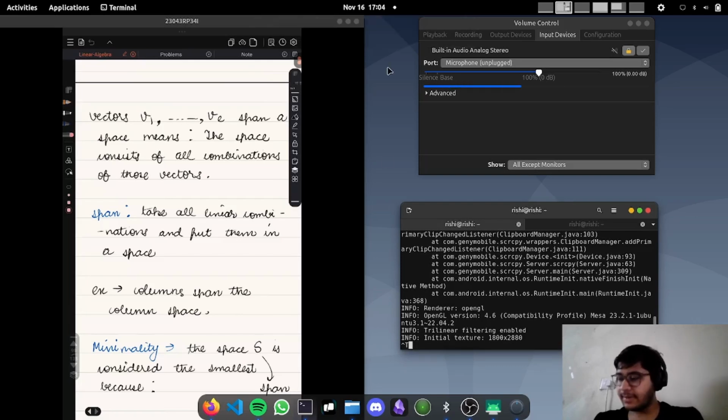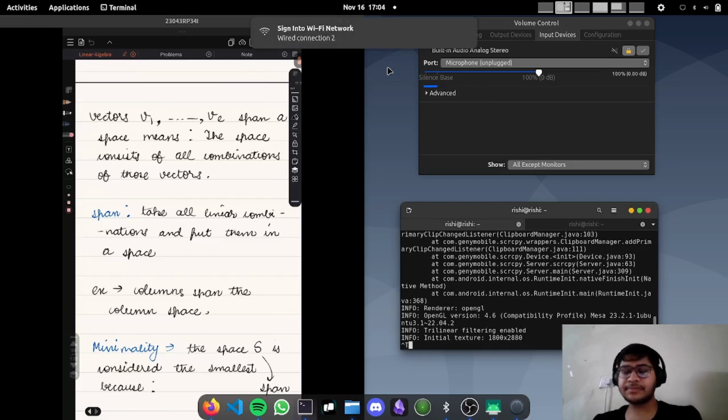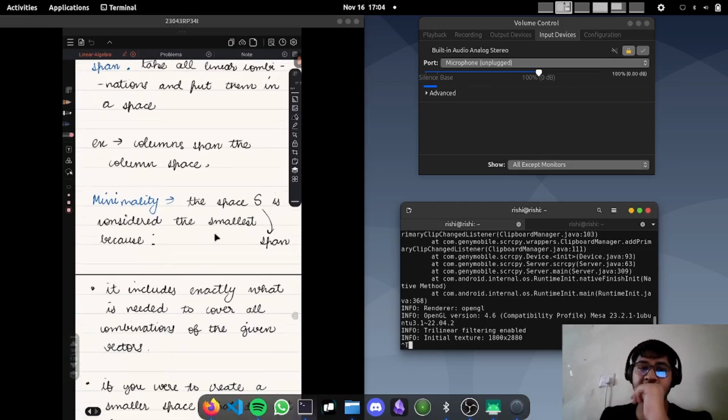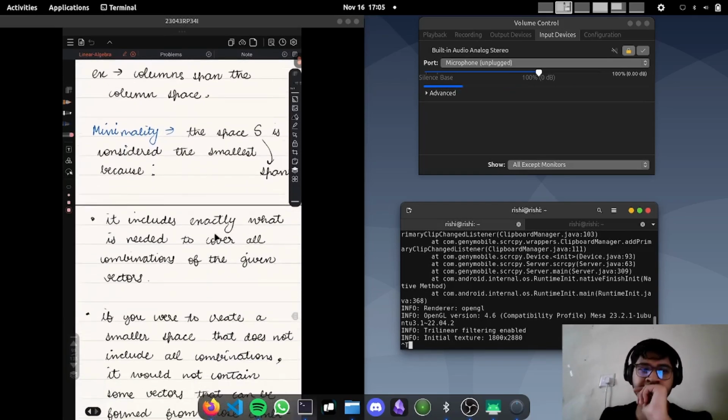This sounds familiar from when we talked about column spaces, because the columns of a matrix span the column space. Spanning means the space consists of all the combinations of those vectors. So all the combinations of all the columns are in the bucket of the column space. Take all the linear combinations and put them in a space, and that's spanning a space. Columns span the column space.